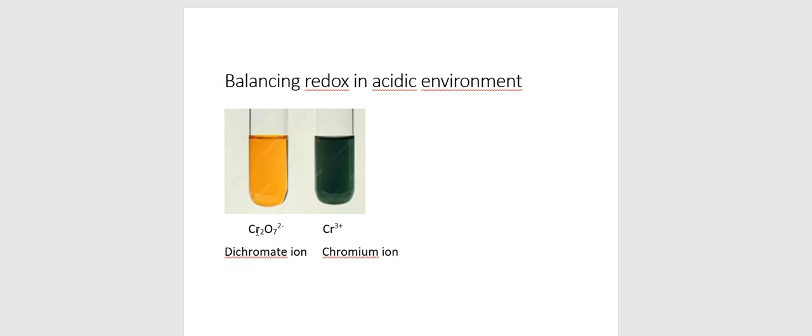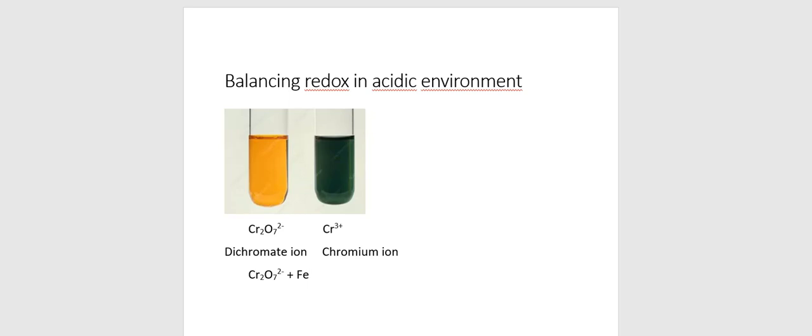So the reaction will be dichromate, and in this case we use the iron like you have seen before.